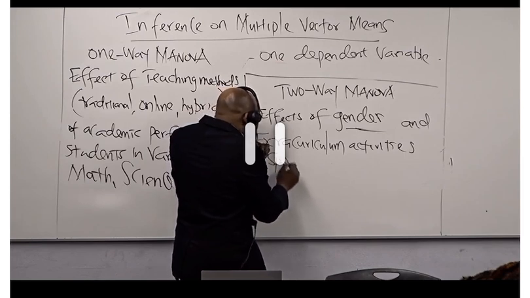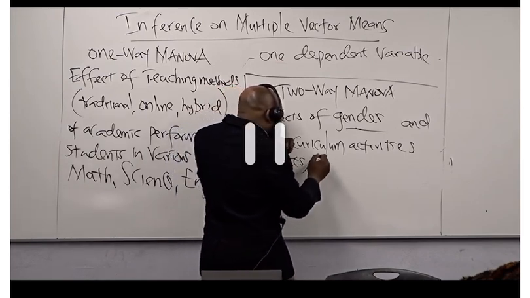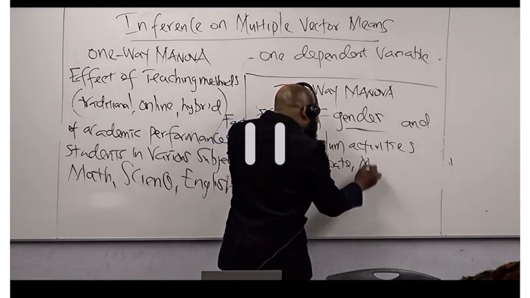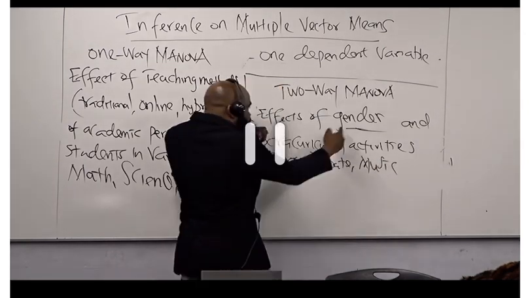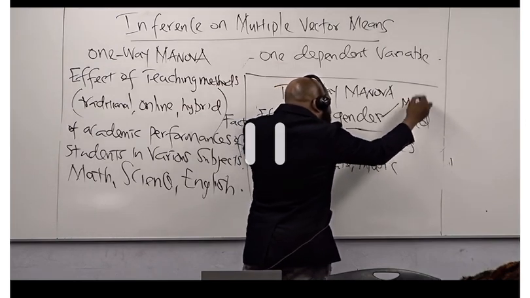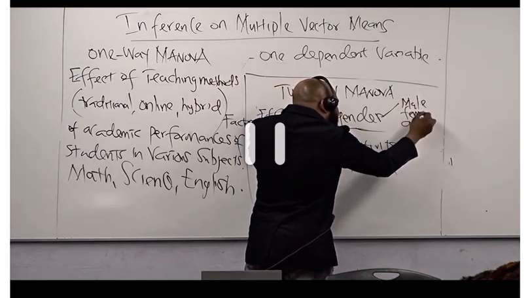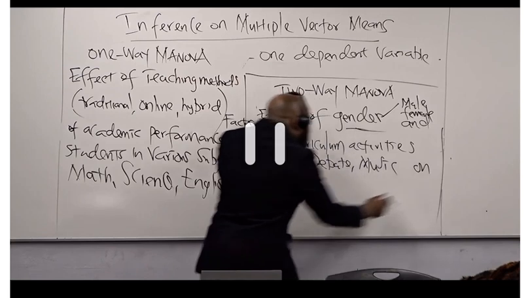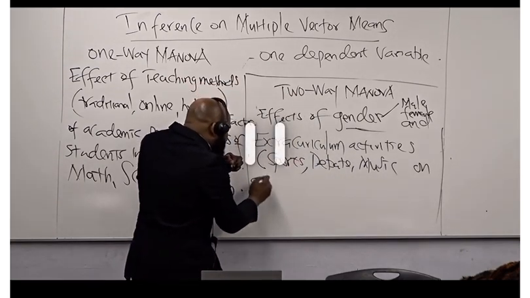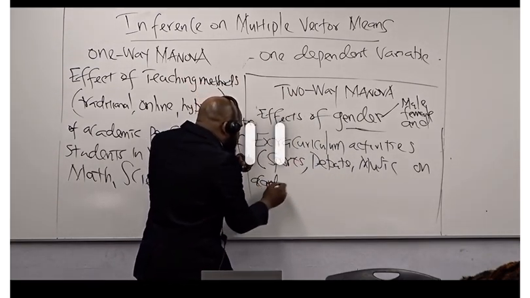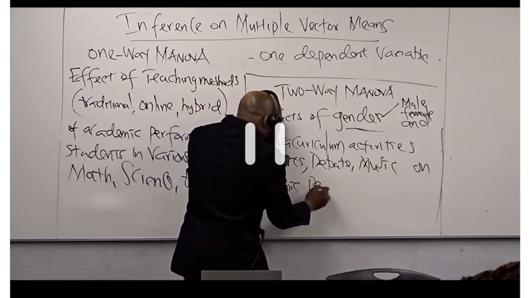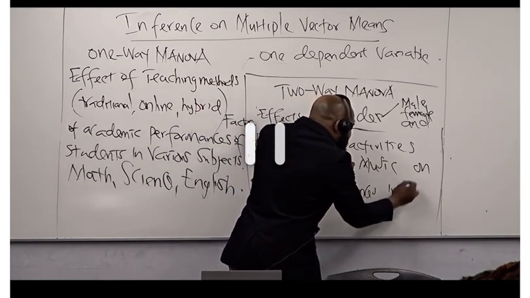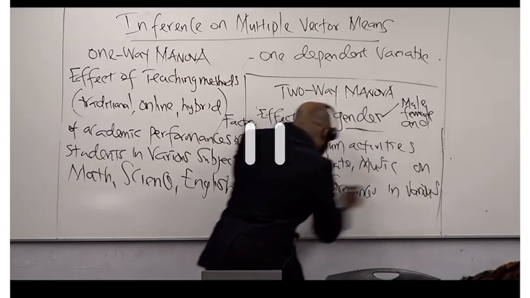Some are into sports, some are into debate, and probably music. And for gender, male, female. Now I want to look at that on the academic performance in various subjects.